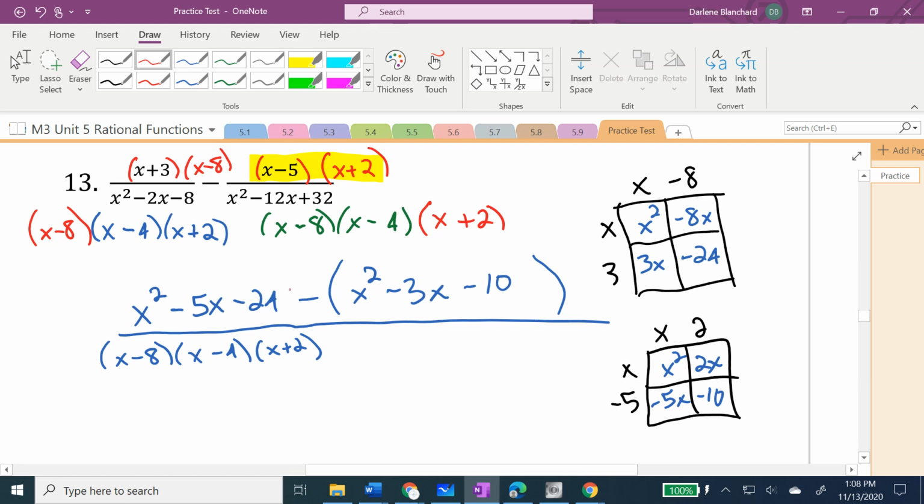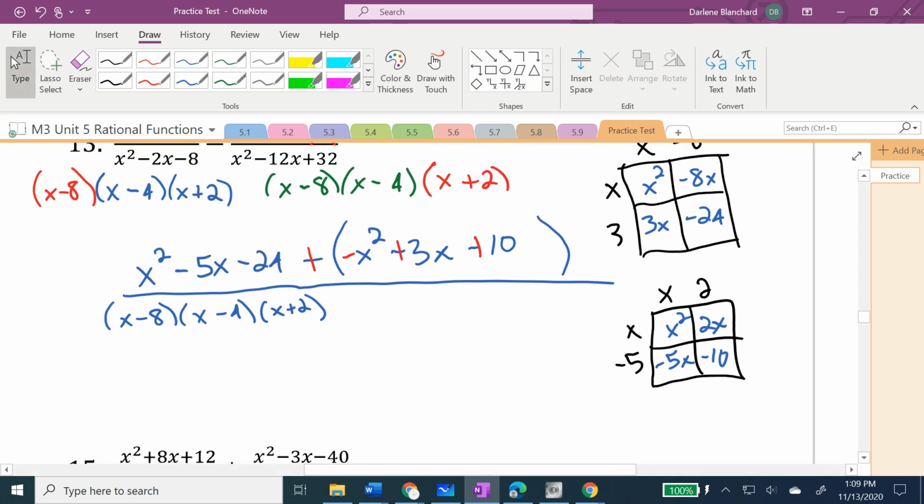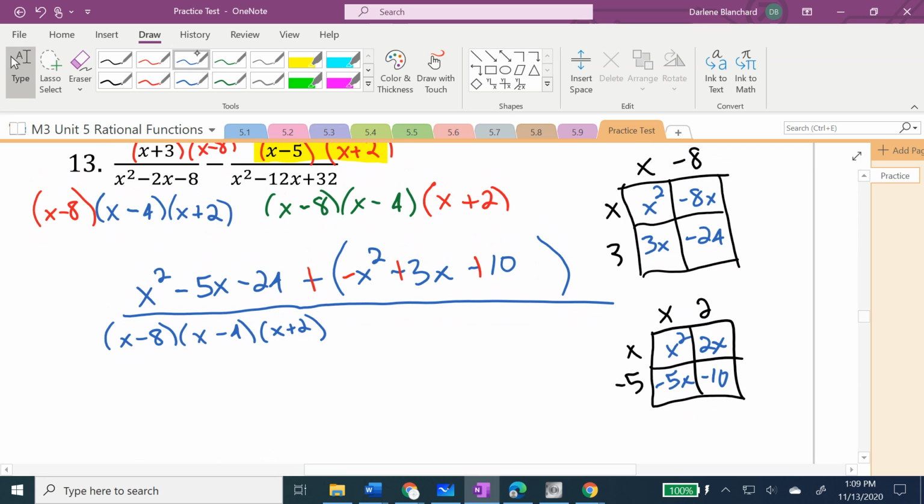When I have a subtraction in a parentheses, I always go add the opposites, and it changes dramatically whether I make mistakes or not. Now you're adding like terms. So you have x squared plus negative x squared. Ha ha ha ha.